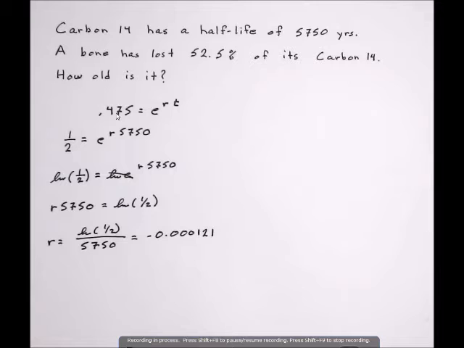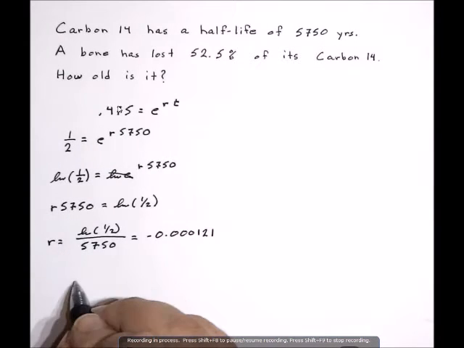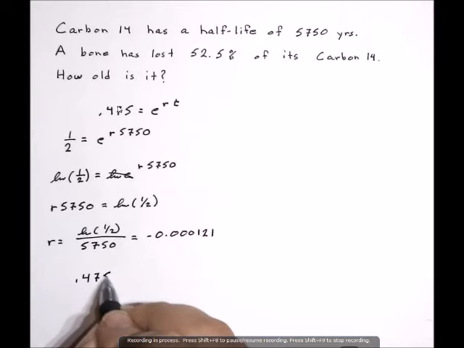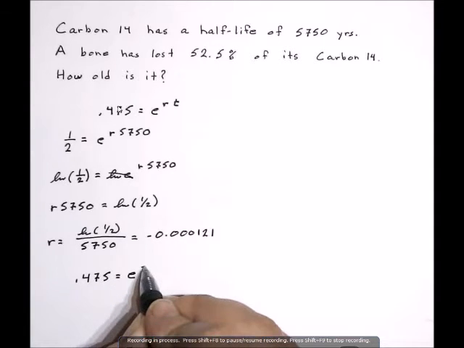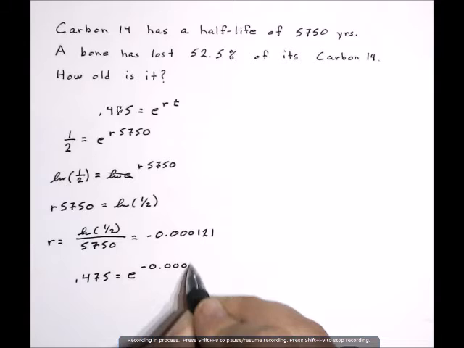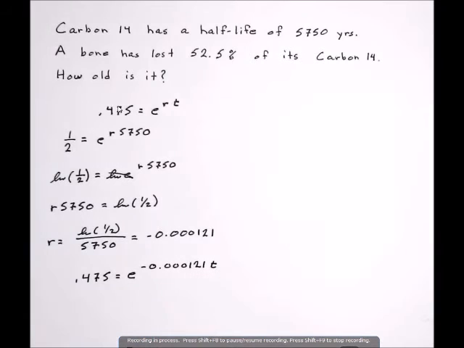Now what I can do is plug this rate into this equation, and solve this equation. So take the natural log of both sides. They cancel out.